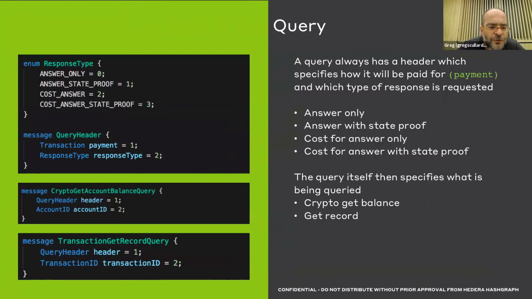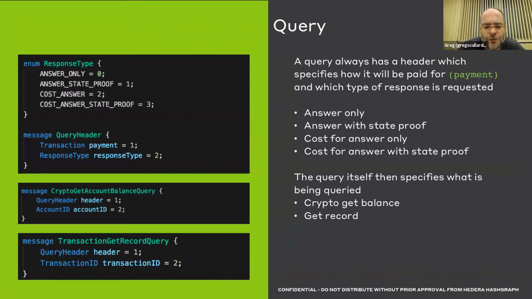So you will get the cost answer, and you can also run a query to get the cost for an answer with a state proof. There may be some queries which will be fairly large. One, for example, is get account records. If that were to return 1,000 records, this could be a fairly expensive query to run.